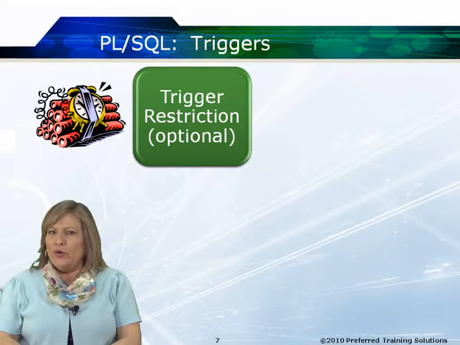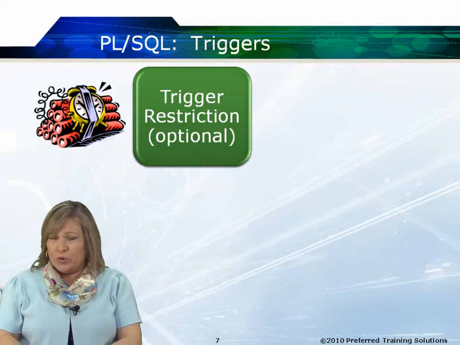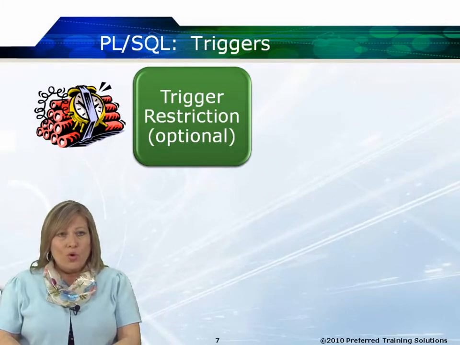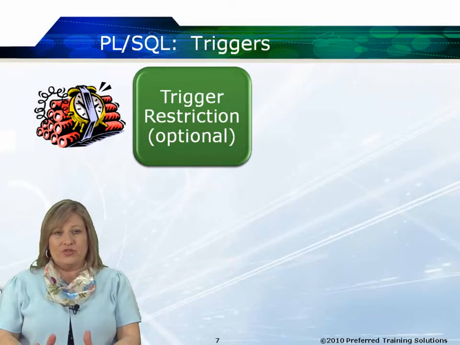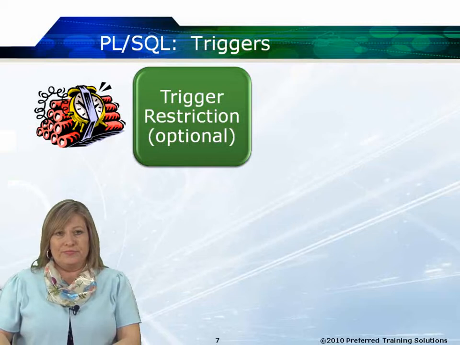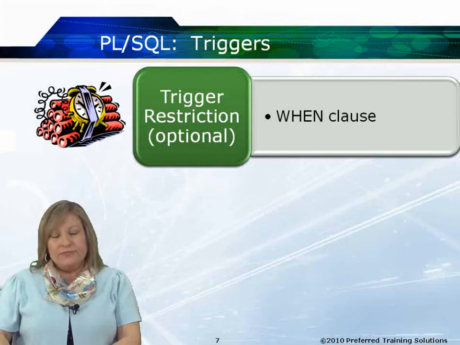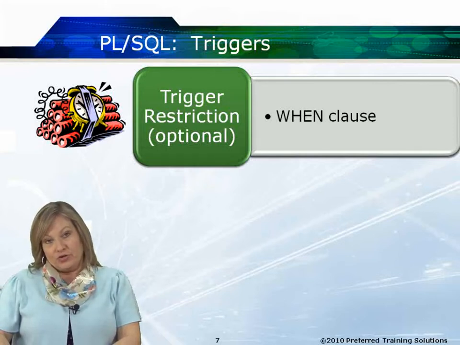And if your code is intended to do something only under certain conditions when that event occurs, not every single time, but only when the event occurs and something else occurs, that's where you can write a trigger restriction that says only execute this trigger when this is true. You do that with a when clause that you will include when you create your trigger.